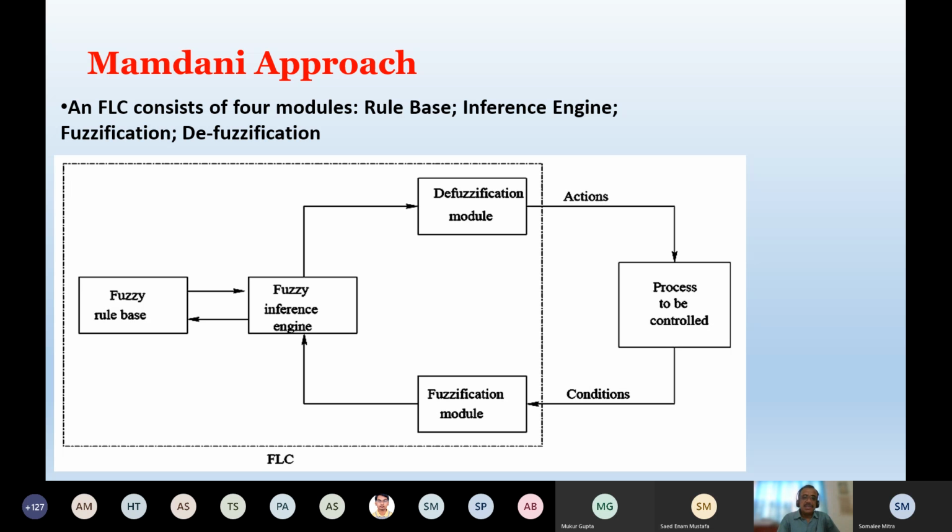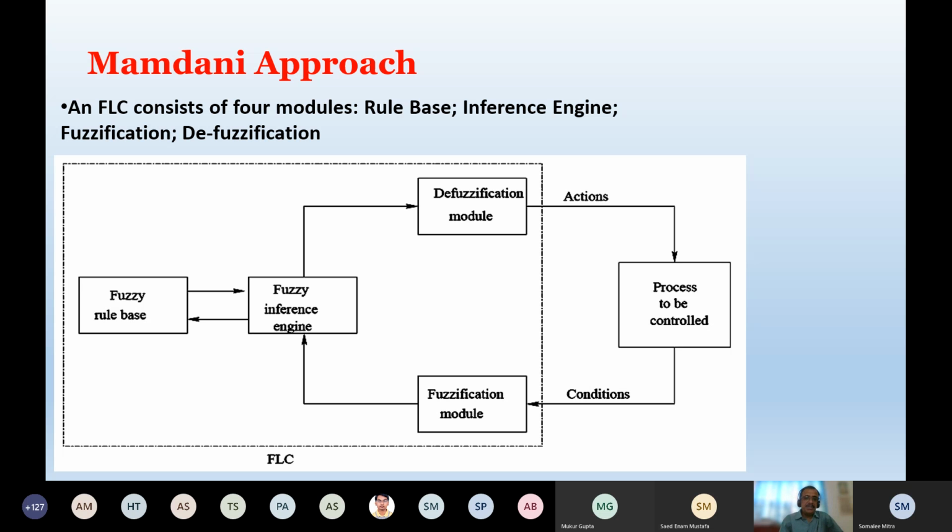What you'll have to do is go for defuzzification. The defuzzification module gives you a crisp value for the angle of the valve opening, and that crisp output we use for controlling the temperature and humidity of the room. This is the way the Mamdani approach of fuzzy reasoning tool works.